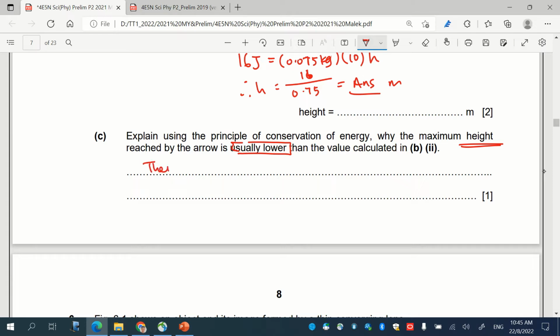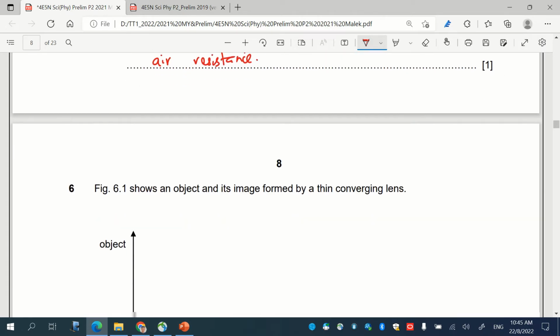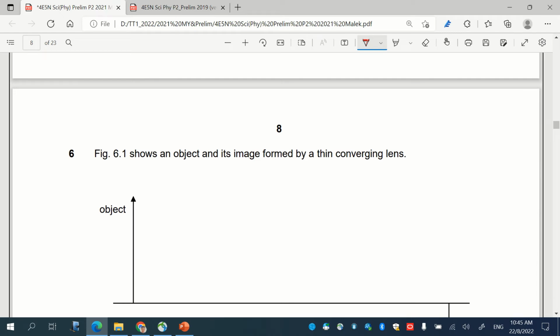There's thermal energy loss to the surrounding due to air resistance. Sometimes it's about a box sliding on the floor or up the slope. It will be a thermal energy loss to the surrounding due to friction. Okay. All right.